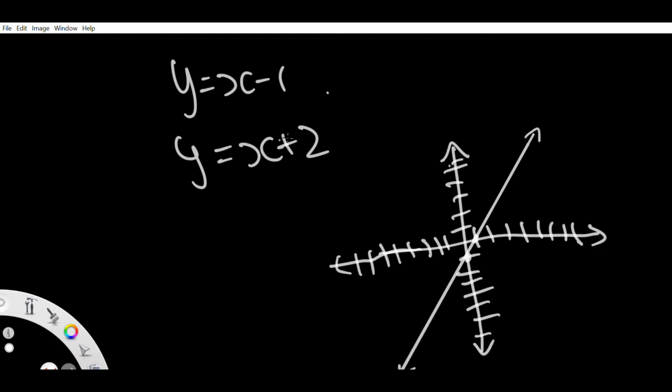Now we can graph another one. So 2 and negative 2 would be our line, since if we substitute x with 0, we get 2. So over here. Alright, or we can prove it by this.